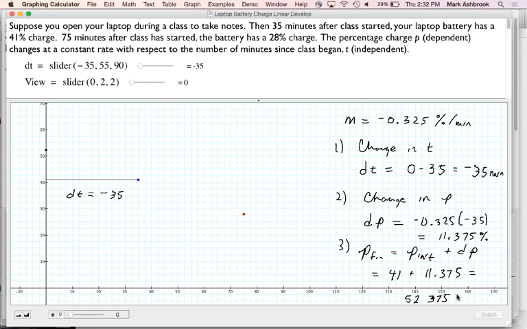And now looking at the graph there, does it look about right? Just look and see that point. Yep, 50, somewhere around 52, 53, somewhere in there. So this is the correspondence point of 0, 52.375, or how much battery you had at the beginning of class.